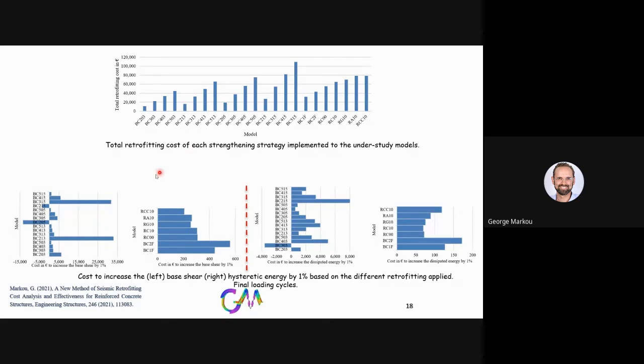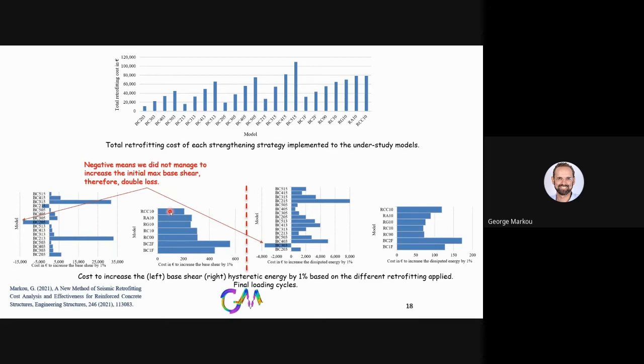And of course, the cost of increasing the base shear by 1% and increasing the dissipated energy by 1% was estimated. And surprisingly, in this case, we found that we had some negative values, which tells us that not always will the retrofitting lead eventually to an increased strength and, of course, an increased hysteretic behavior.